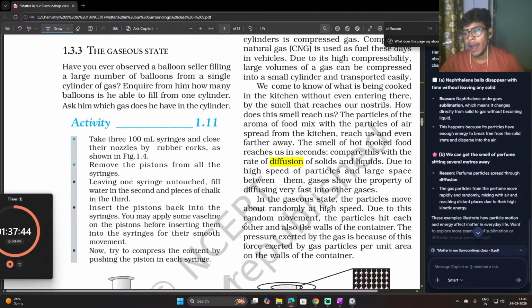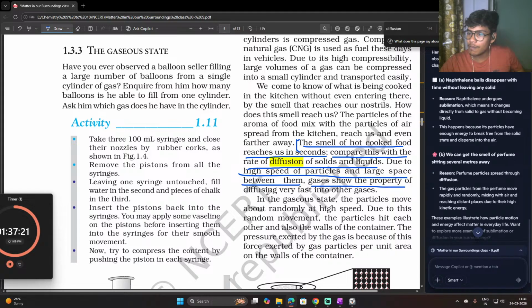Here I find it: the smell of hot cooked food reaches us in seconds. Compare this with the rate of diffusion of solids and liquids. Due to the high speed of particles and large space between them, gases show the property of diffusing very fast into other gases.